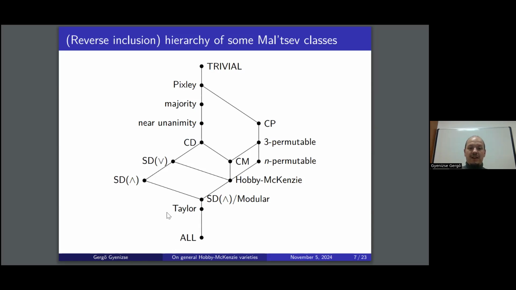What we are interested in today is this point Taylor and this point Hobby-McKenzie, and you can see the relation to other classes. Sorry if your favorite Maltsev class is not on this picture, because there are some other important things. I will tell you about some maybe not so important things, but important for this talk, that are not on this picture.